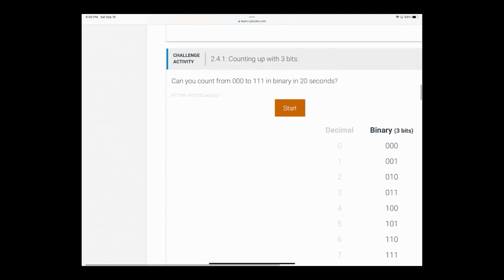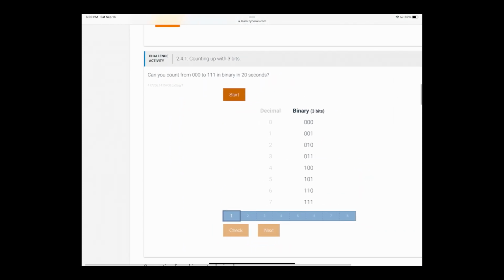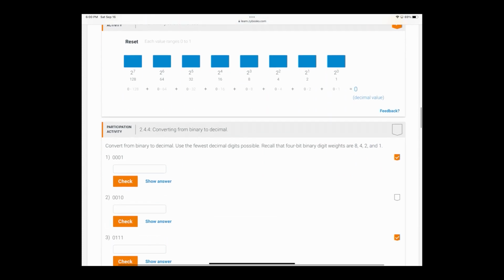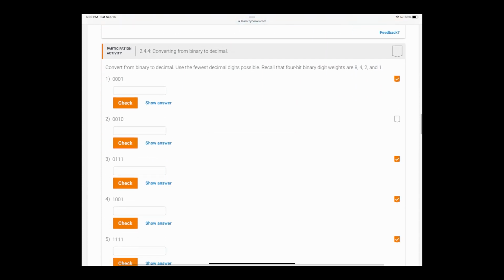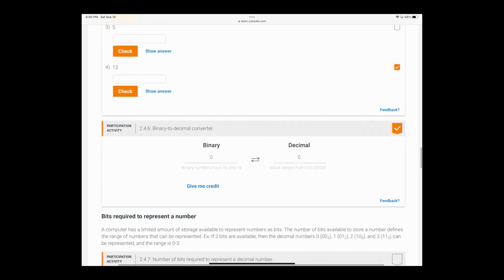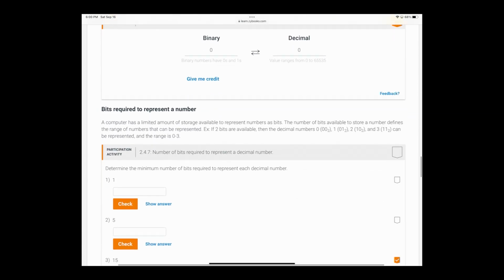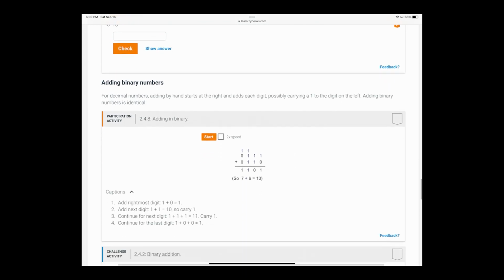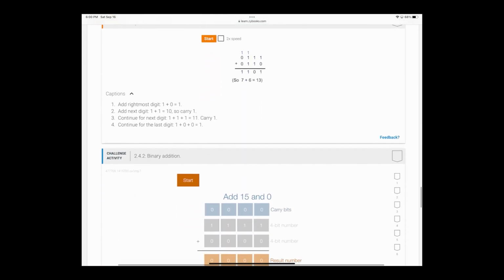They walk you through that, and talk you through counting. We did all these last time: some conversions, how many bits it takes, and adding in binary.